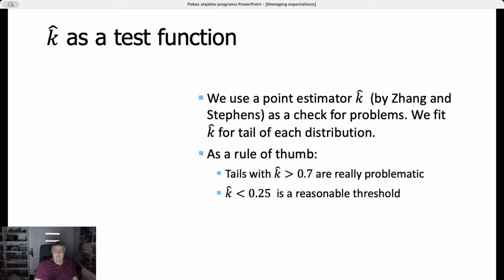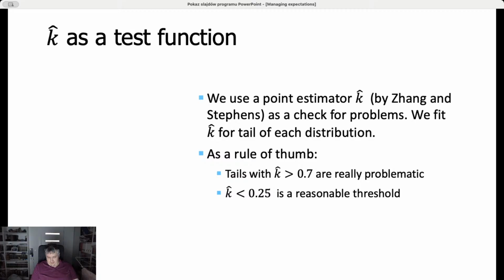In this case, we split our distribution into the bulk and tails. The bulk is values located near the mean, the tails are values located far away from the mean, and then for those values on both sides, left and right extremes, we use the so-called Zhang and Stephens estimator of k hat, and we get its computation.